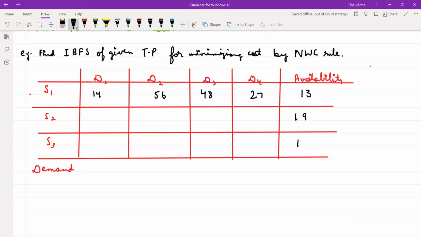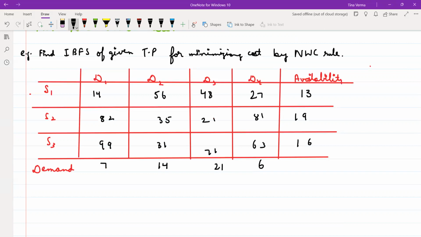The availabilities are 13, 19, 6, and the costs 16, 82, 99, 35, 31, 21, 71, 81, 63, and the demand here is 7, 14, 21, and 6.